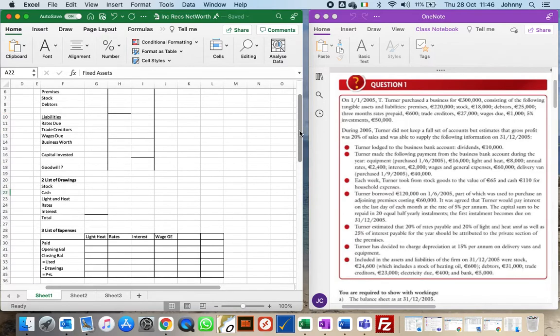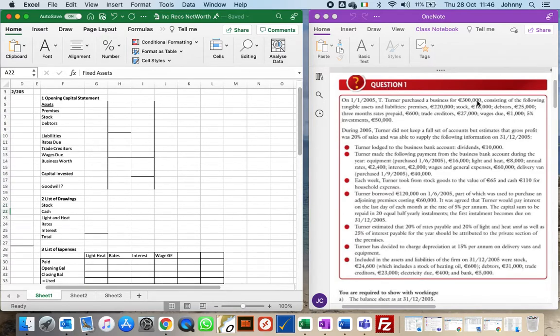Now, so we'll start off at the beginning of the question. He bought a business for 300,000 consisting of the following assets and liabilities. So we have premises is 220,000. Stock is 18,000. Debtors is 25,000. 3 months rates prepaid is 600.